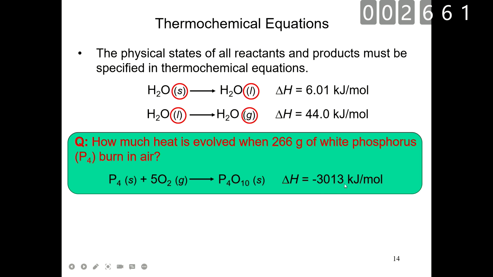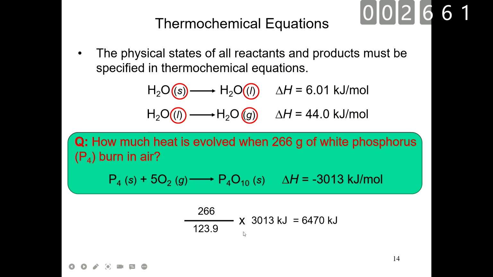Now we know the mass of the phosphate, so we need to change the mass to the mole number. This is 1 mole, but now the mole number is this one, so we just multiply by this, and we get this number.